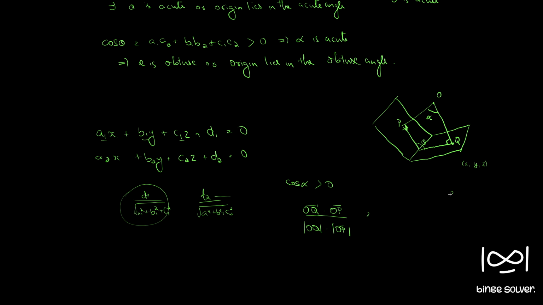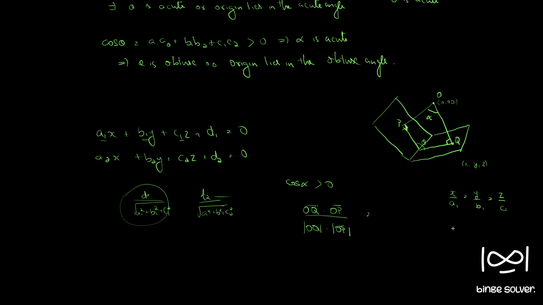So x by a1 will be equal to y by b1 equal to z by c1. The reason being this is 0, 0, 0, so x minus 0 by a1, y minus 0 by b1, z minus 0 by c1.